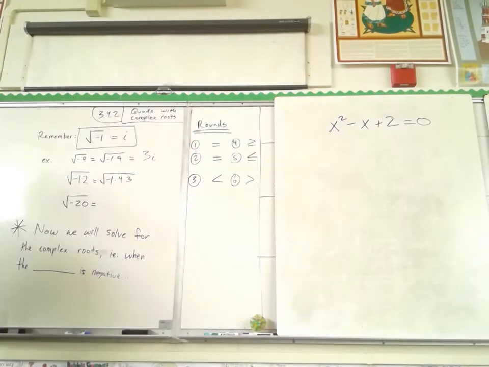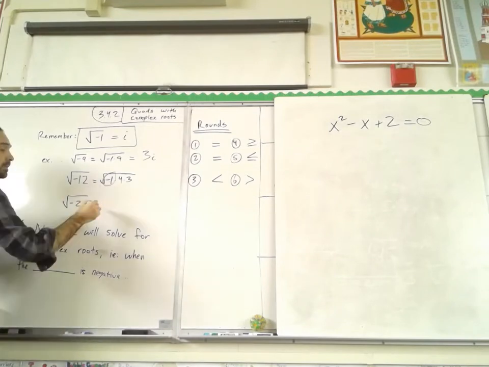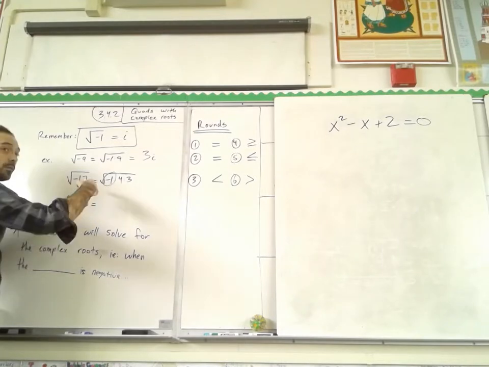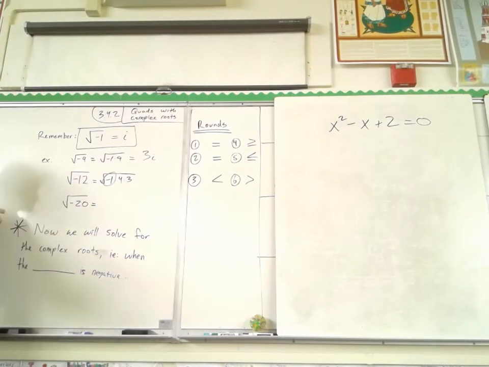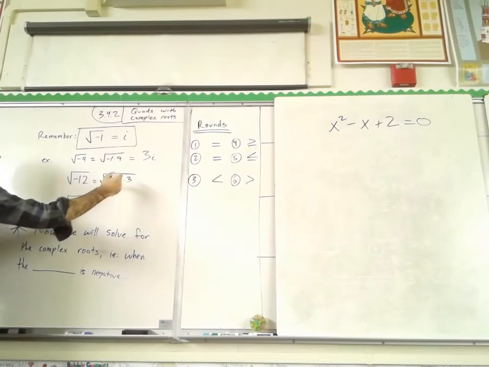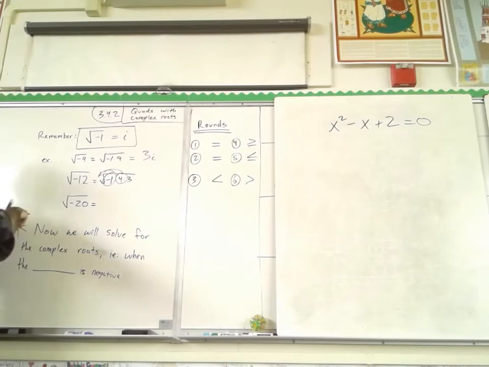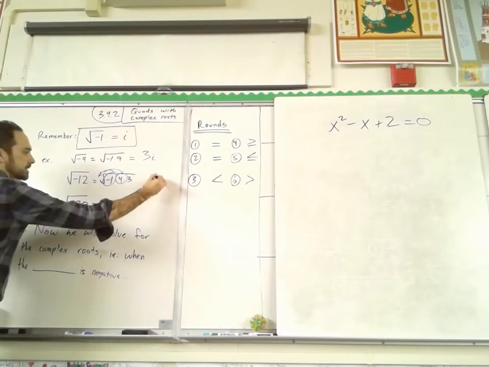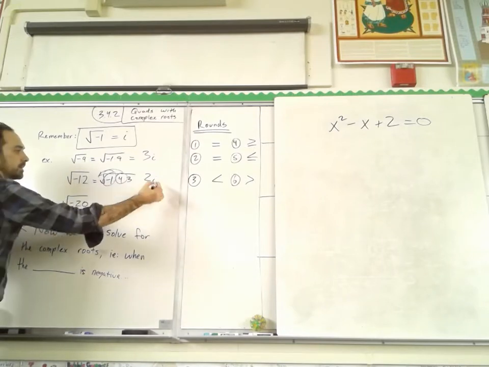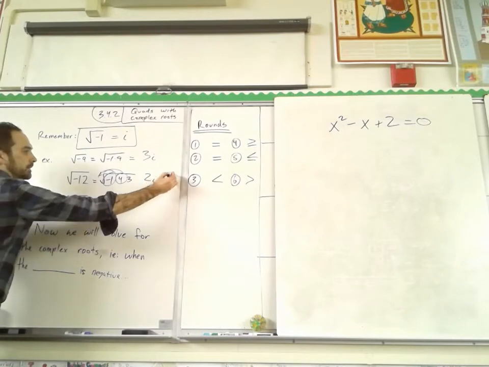Negative 1. 3 isn't a perfect square, so we won't be able to pull it out. Which one is a perfect square? 4. So we take that out. Square root of negative 1 is i. Square root of 4 is 2. What's left over on the inside that we couldn't get out? 3. So 2i is on the outside because we were able to take those out of the root.